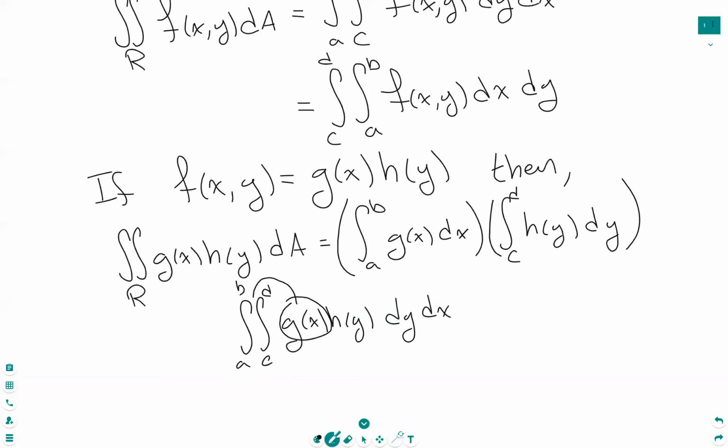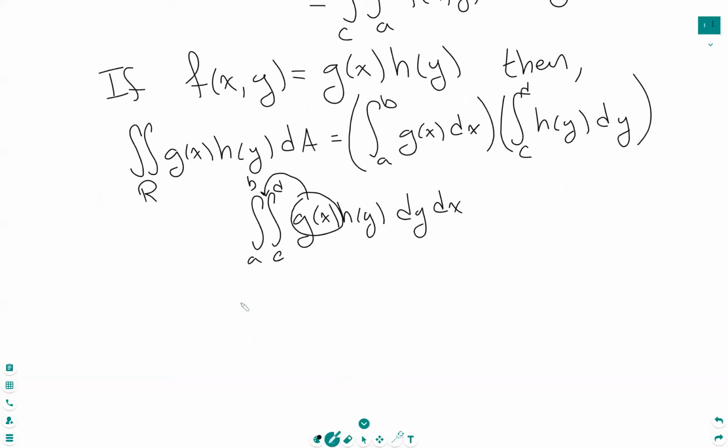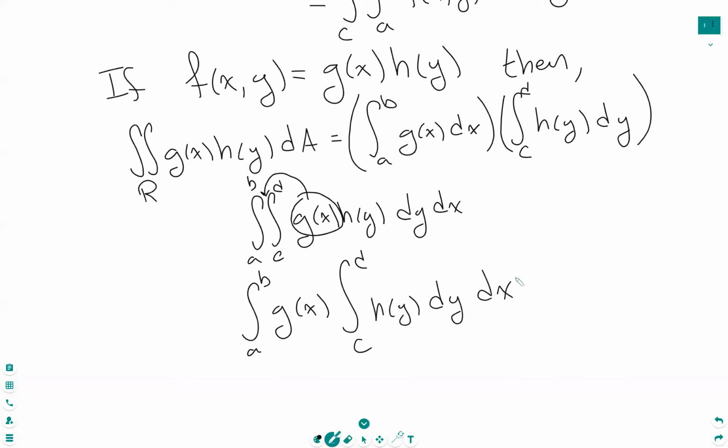So why can't I just move it on the outside of this integral? So I can have a to b, g of x times the integral from c to d of h of y dy dx.